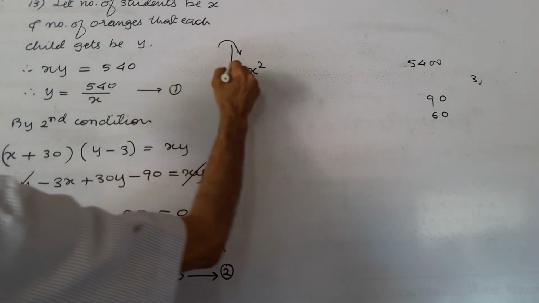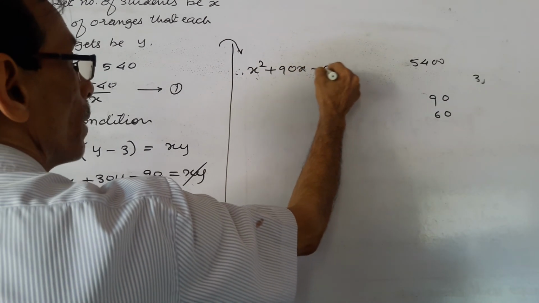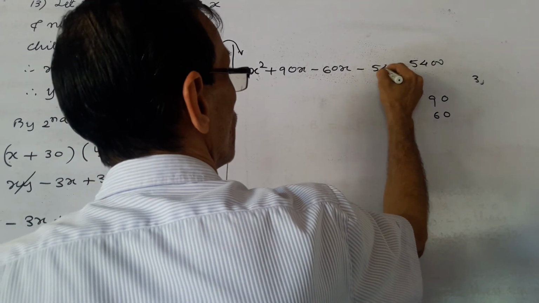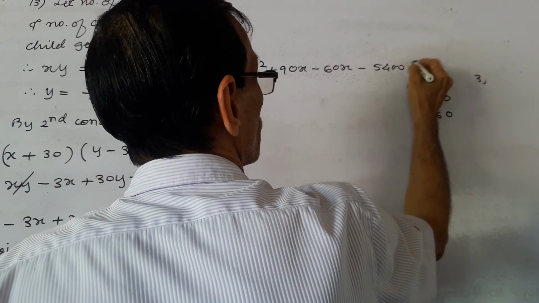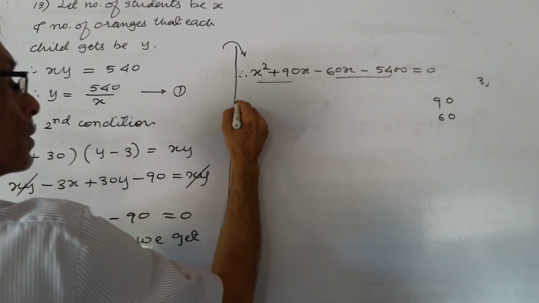Therefore x square plus 90x minus 60x minus 5400 equal to 0. So again, as usual, make two groups.